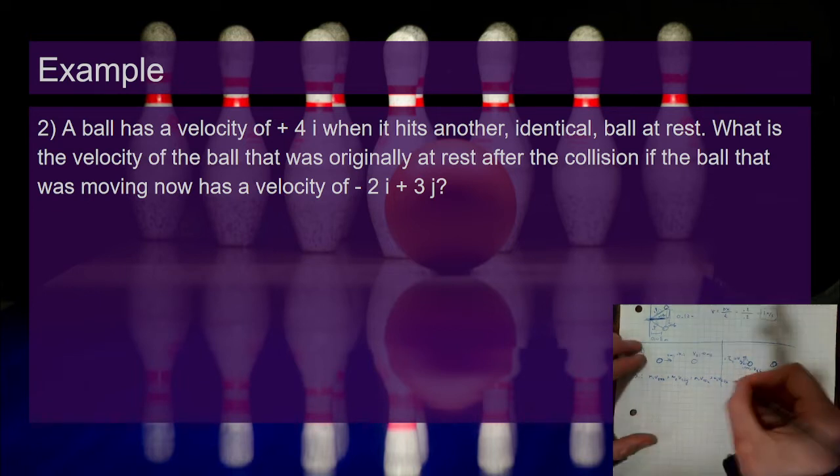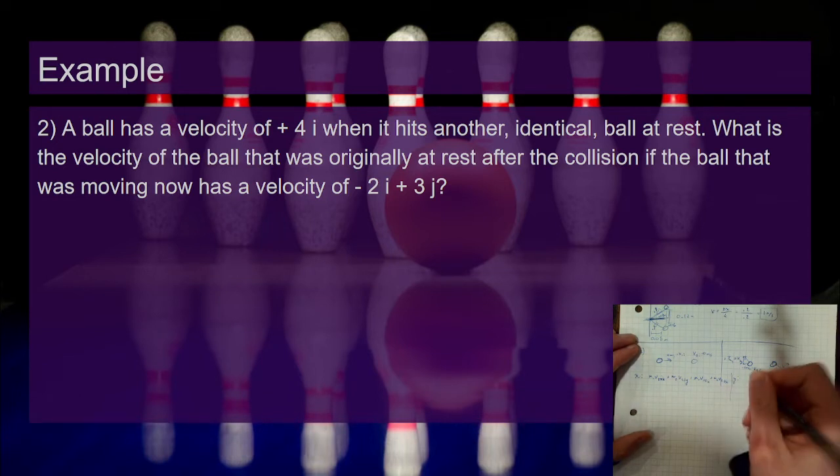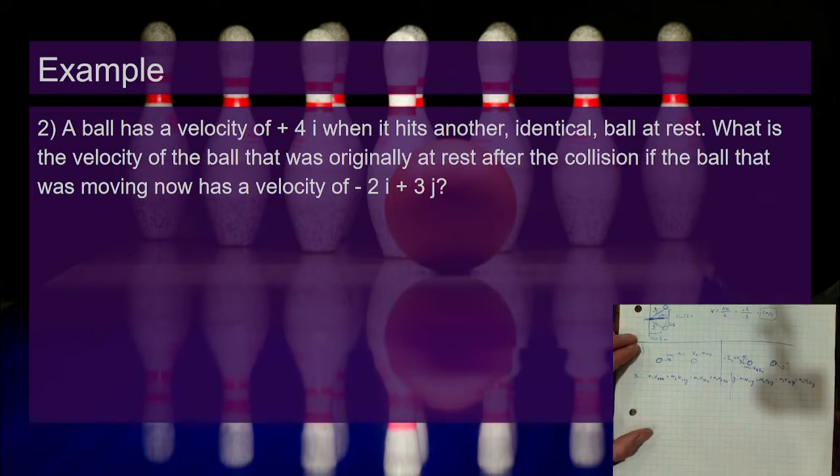We'll do the same thing for the y. m1v1 initial y plus m2v2 initial y equals m1v1 final y plus m2v2 final y. Worst part of momentum is definitely just keeping your subscripts straight.